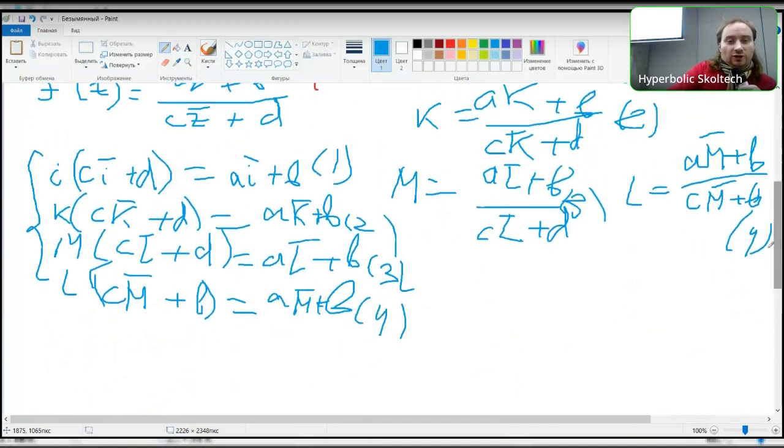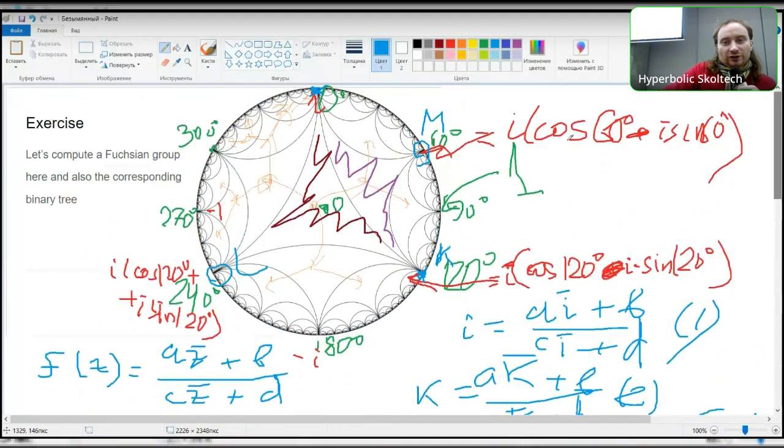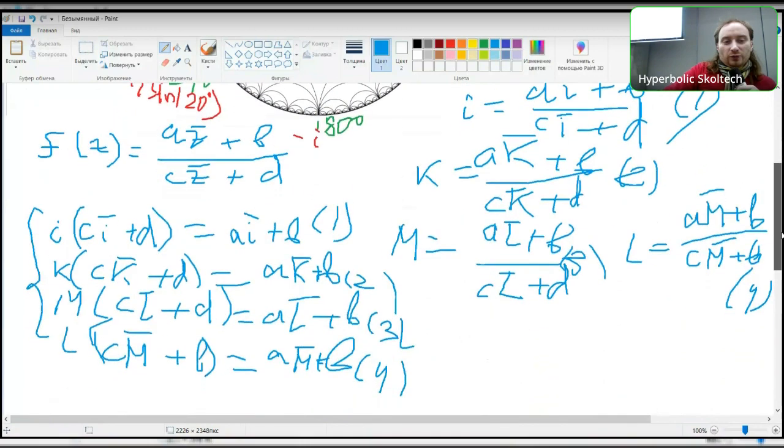Then these equations are linear in A, B, C, and D. And then you just compute A, B, C, and D. So you just compute your generator, which is in your point. So probably you already know what to do next. So just solve this system of equations.